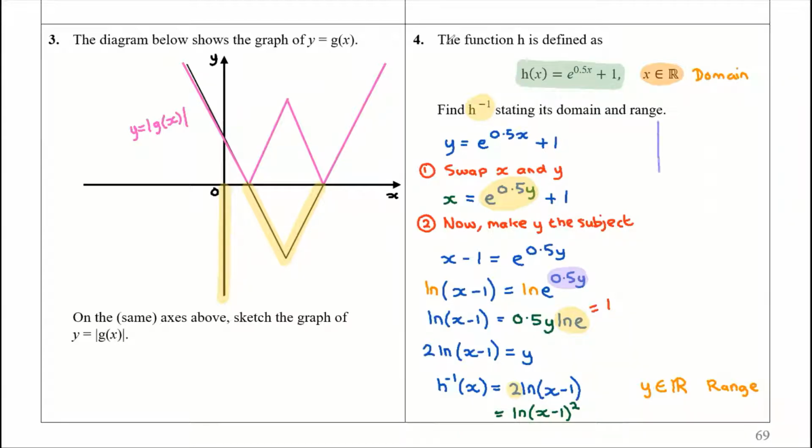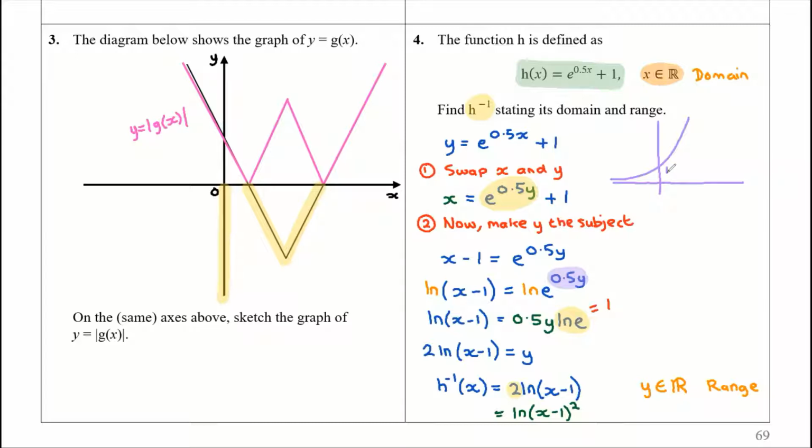So it's e to the 0.5x, first of all. That is just going to be an exponential function, and it's going to pass through (0, 1). If you put x equals 0 in, you get e to the 0, which is 1. And the fact it's 0.5, that's a horizontal stretch, scale factor 2, so it doesn't really affect your sketch if you're just looking for a quick demonstration of the range.